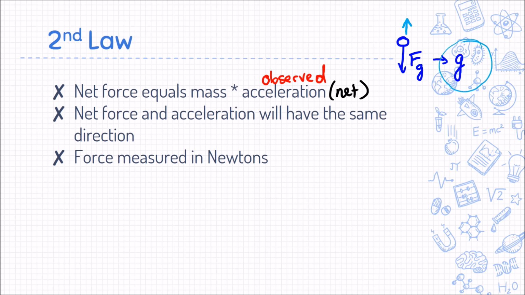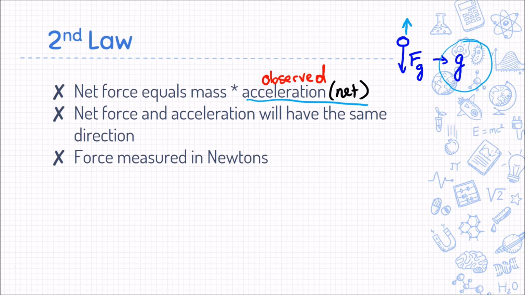Eventually it won't accelerate at all, especially if it's a very light object, such as a feather. So the reason we see feathers float gently to the ground is because it's not accelerating at 9.8 meters per second squared.